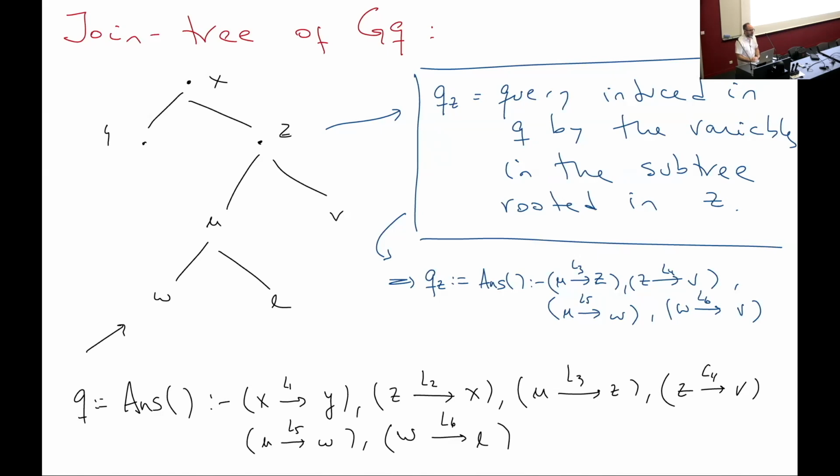That's the idea. You take advantage of the structure of the query to compute inductively, with a bottom-up procedure, the set of homomorphisms from the query into the graph database.